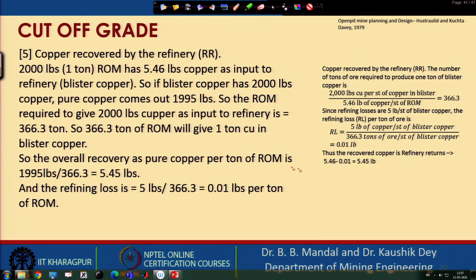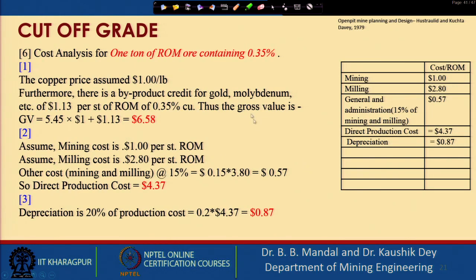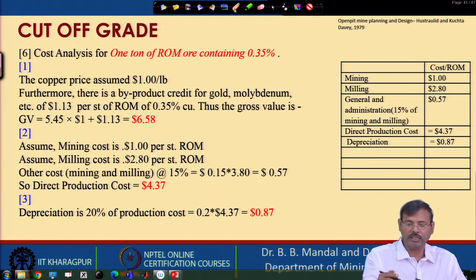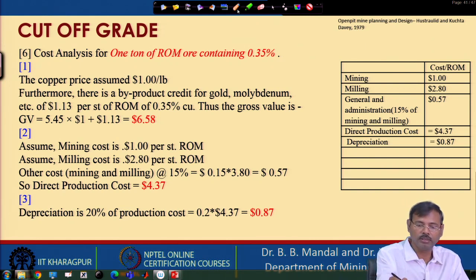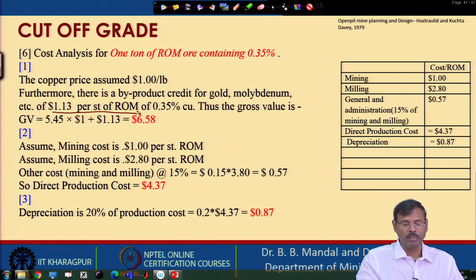So, now let us look into the cost calculation. We have considered the cost price is the same, but there is a little bit of reduction in the byproduct. So, the return from the byproduct is reduced in a proportionate manner. That means, in the earlier case 1.77 was from 0.55.